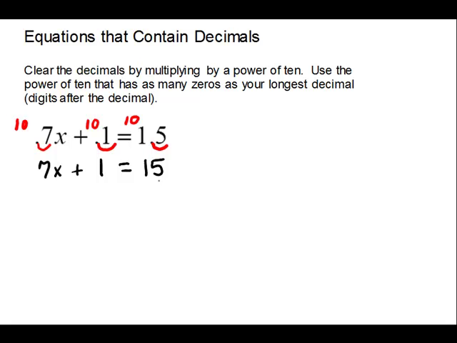So we isolate the variable. The decimals are cleared out. So we would work on the side with the x, and first we would take off the 1. It's added, so we're going to subtract it from both sides.